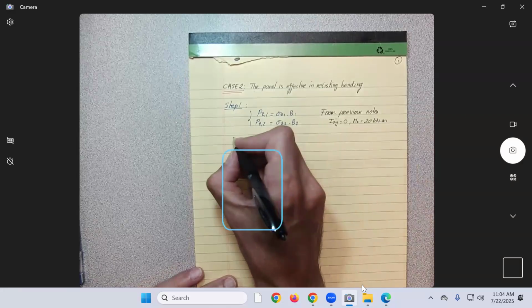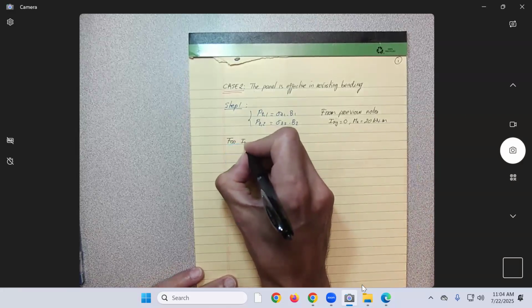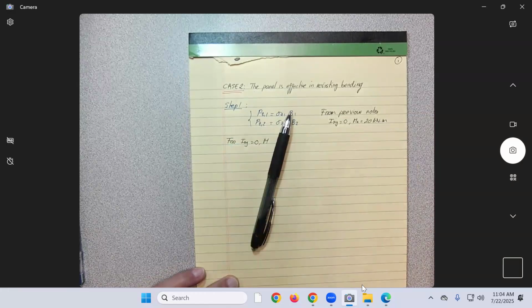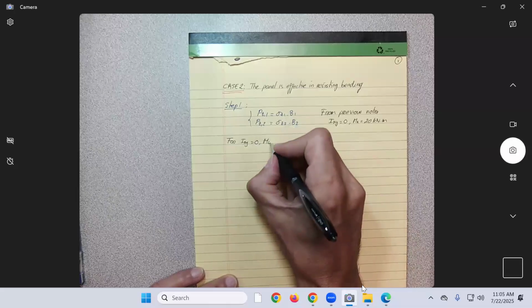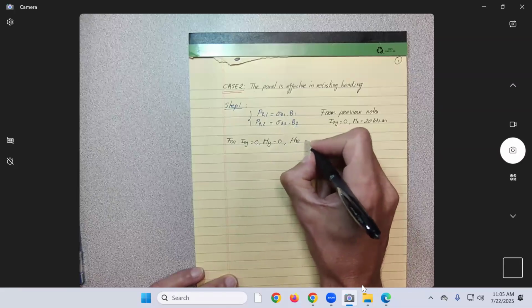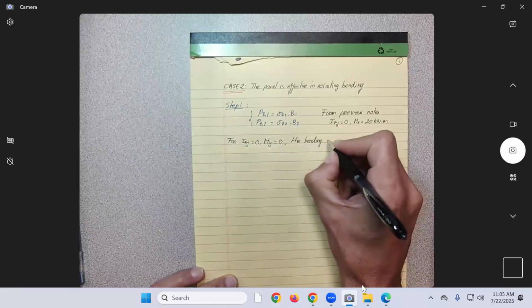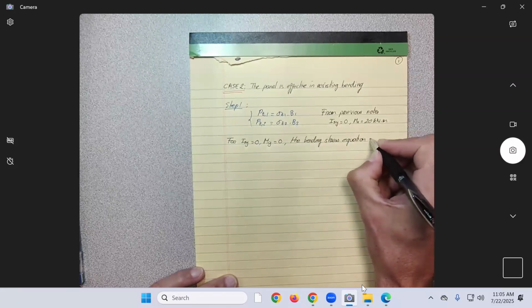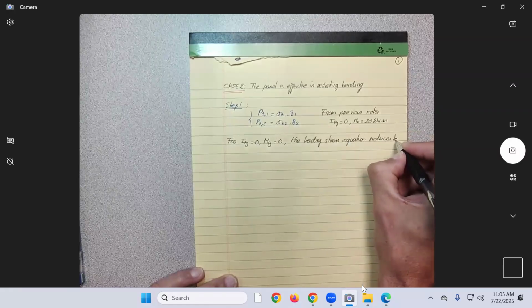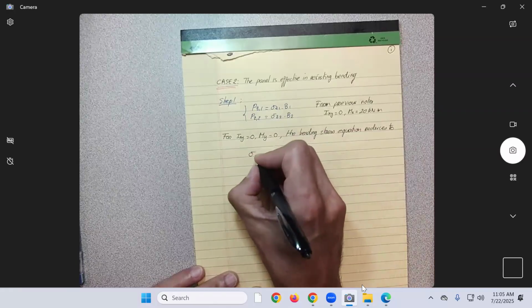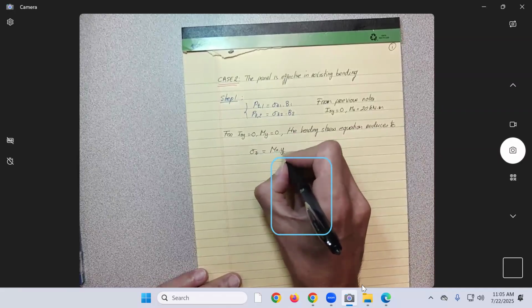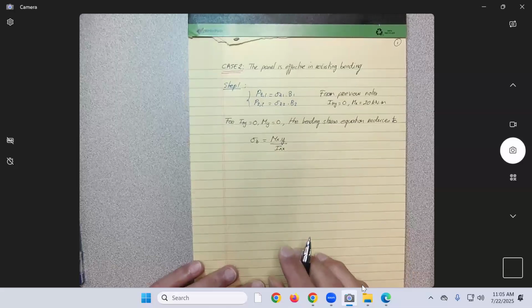So for IXY equal to 0, the bending stress equation reduces to sigma Z equal to MX Y divided by IXX.